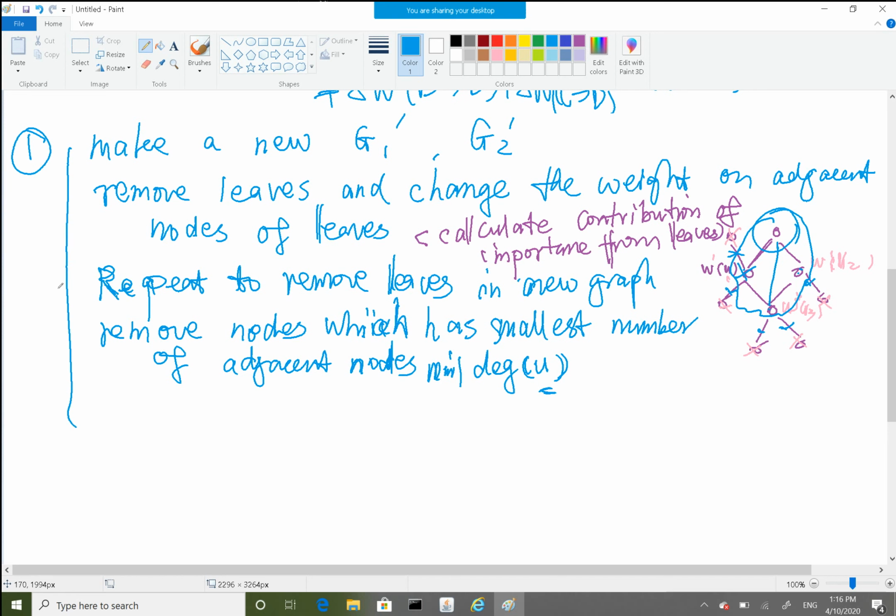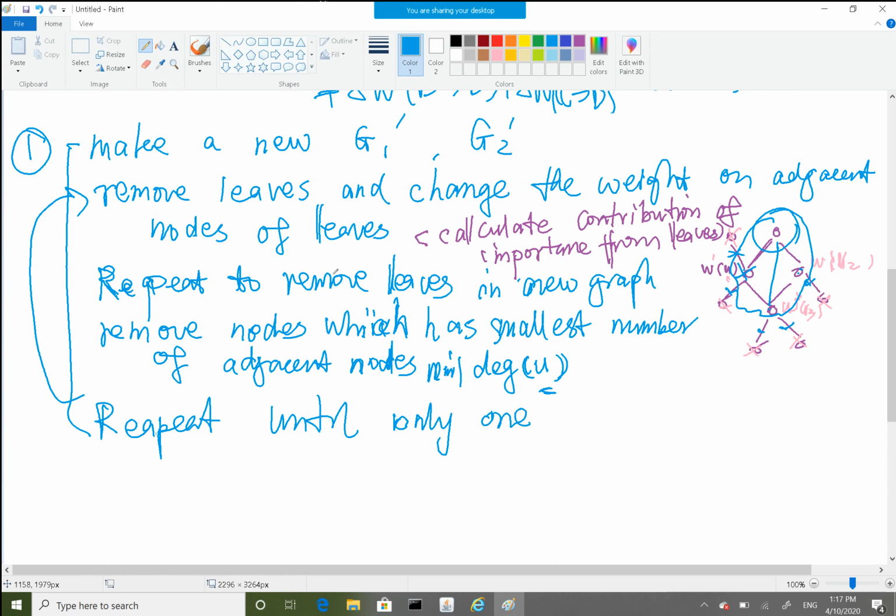And in this way, you use the whole thing here. And you repeat this procedure, right? You repeat this step, the whole thing here, until only one node is left. So here we use the new graph. The reason is we don't want to influence the previous graph structure.